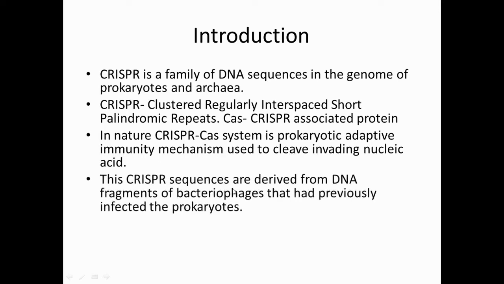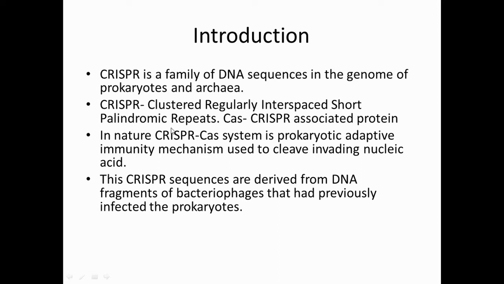These CRISPR sequences are derived from DNA fragments of bacteriophages that had previously infected the prokaryotes. As I told you, CRISPR is a DNA sequence which includes small palindromic repeats. These palindromic repeats are interspaced by a certain type of DNA sequence. These CRISPR sequences are derived from the DNA fragments of bacteriophages.